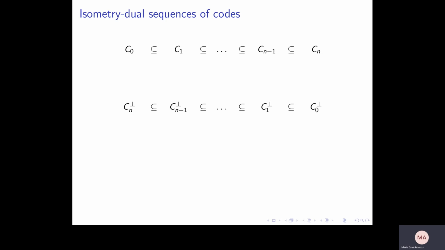One can prove that the dual code of Cn will be included in the dual code of C sub n-1 and so on. And we are interested in these sequences of codes for which C sub 0 is x-isometric to the dual of C sub n, C1 is x-isometric to the dual of C sub n-1, and so on, for one same fixed vector x.